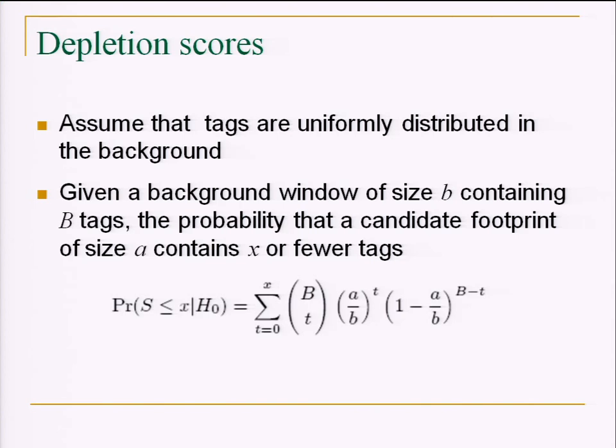If a window contains tags, the probability of a footprint containing X or more tags actually follows a binomial distribution. Here A divided by B is the probability of a tag falling into the footprint of the local background window, and this here is X. It measures the probability that the footprint contains so few tags. Generally, this probability shows how likely that footprint is relative to the local background window.